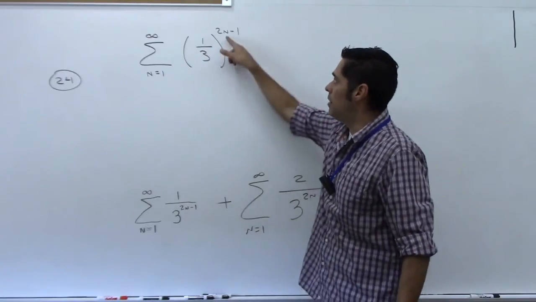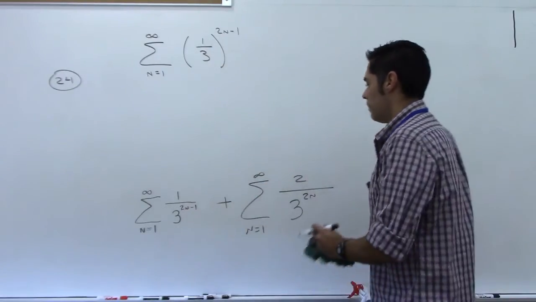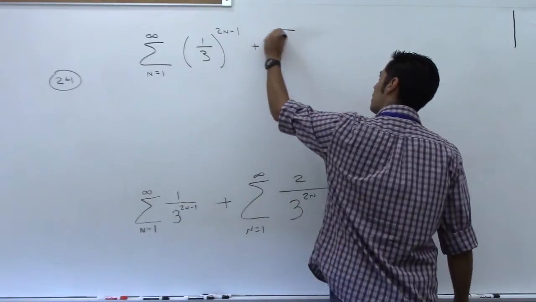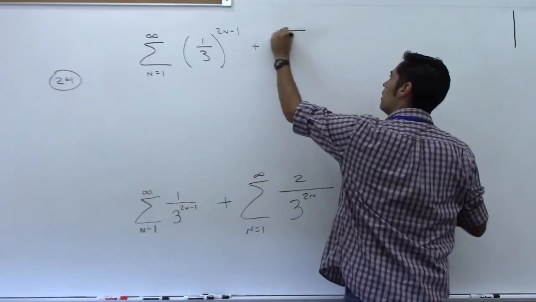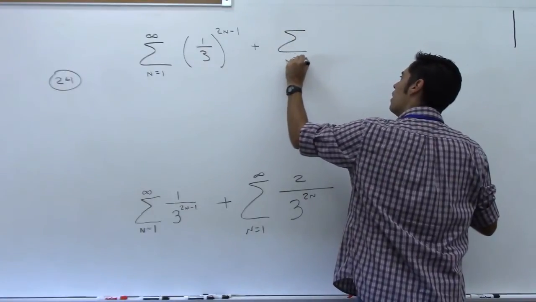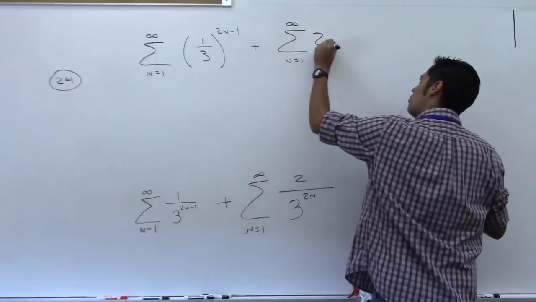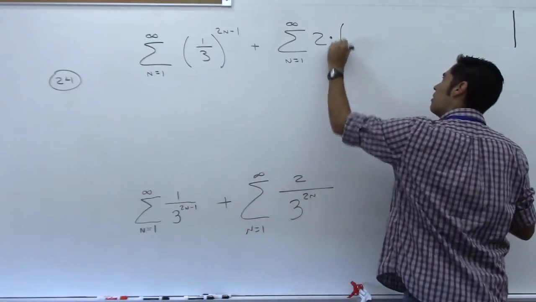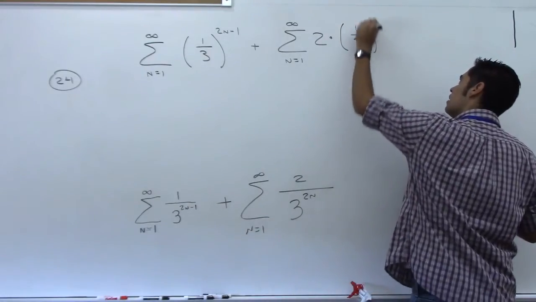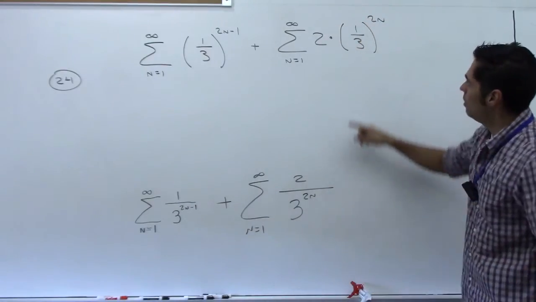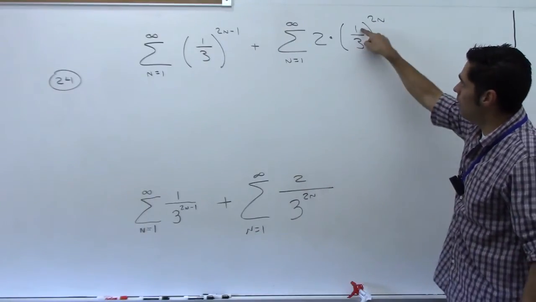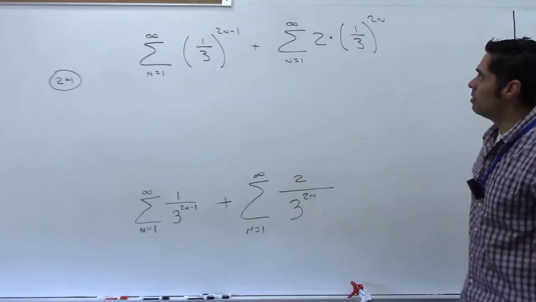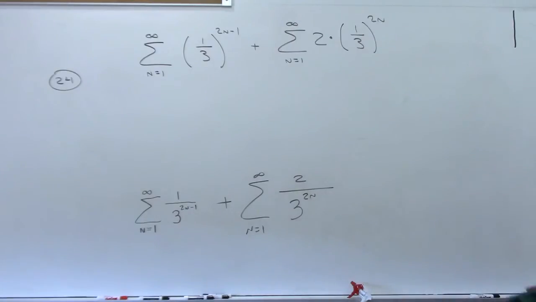Any power, doesn't matter. And then this, 3, I get that. Then I have plus over here. I'm going to do the exact same thing. Sum n equals 1 to infinity. I got that 2 right here. And then I'm going to rewrite this as 1/3 to the 2n. Notice I cannot put 2 over 3 to the 2n because this 2 never changes. If you put it in here, it's going to start getting raised to powers. So that should be both of those.